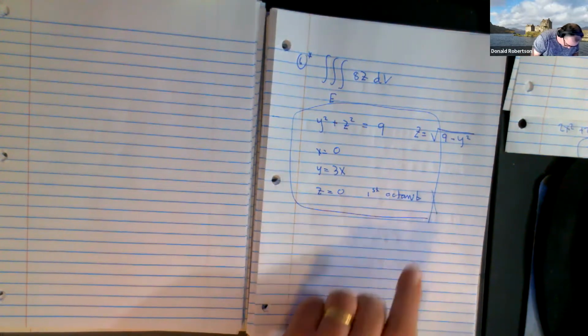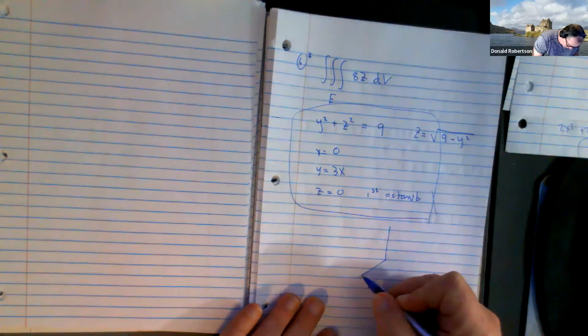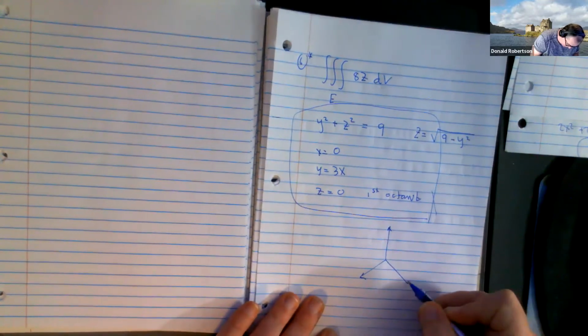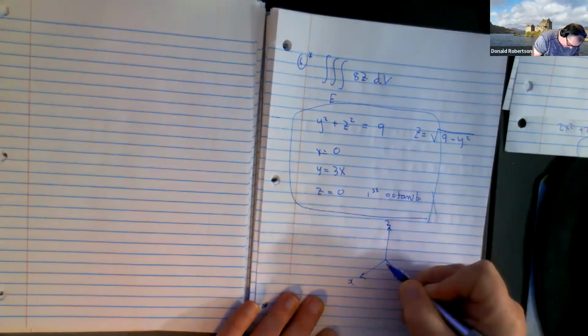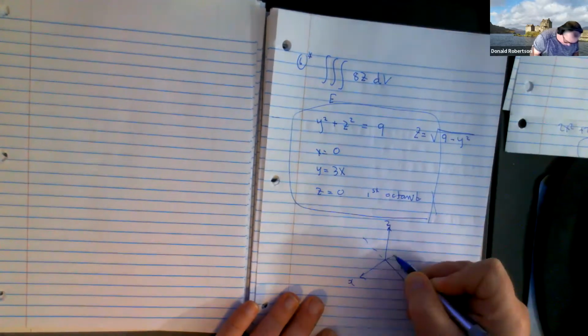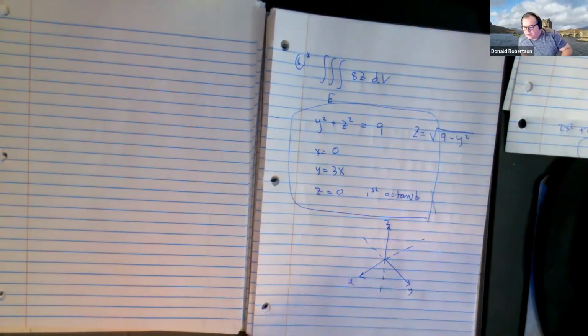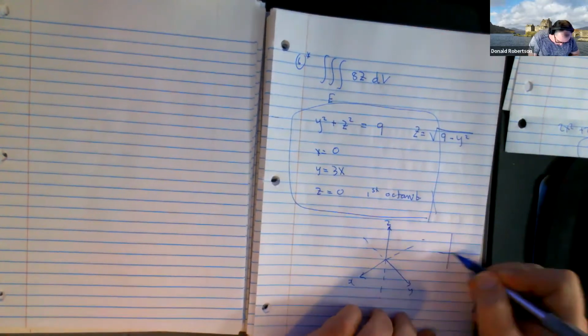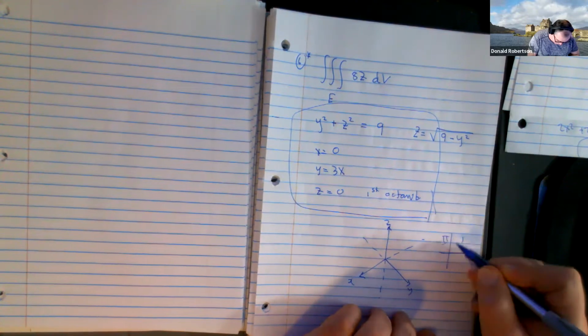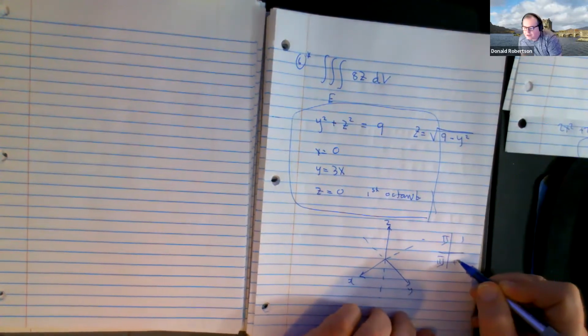Oh, I haven't talked about the first octant before. If you think of your 3D space, remember the first, second, third quadrant, you know, when you're doing x's and y's, first, second, third, fourth. Remember those guys? They were sometimes helpful.